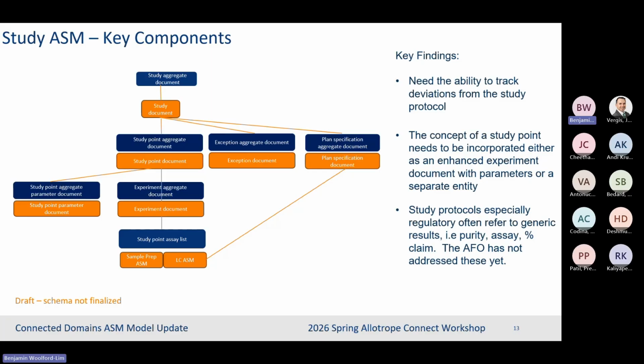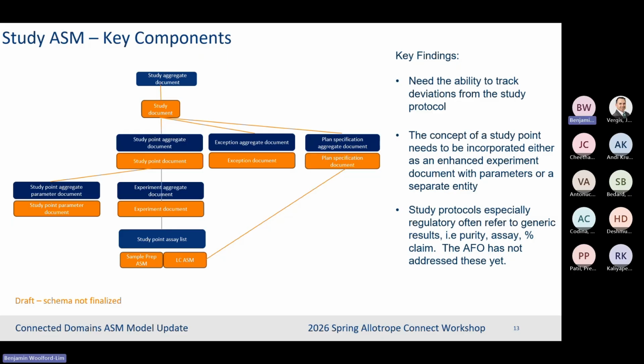So we needed to add a document and some terms around recording these exceptions and these deviations. There's also that the concept of a study point becomes very important. That could just be the experiment, but then we have to augment the information that is captured with the experiment.